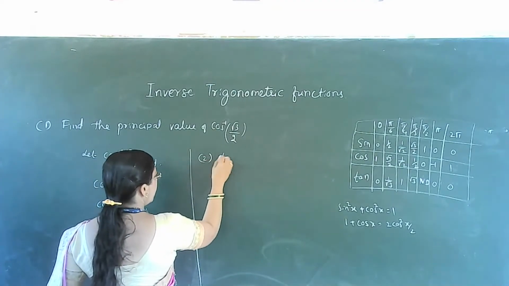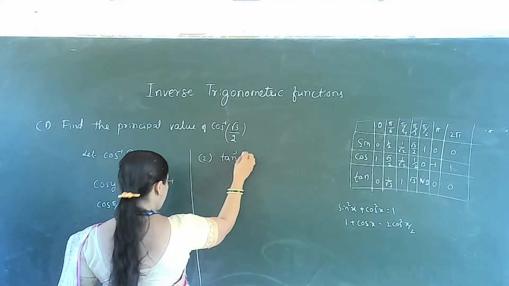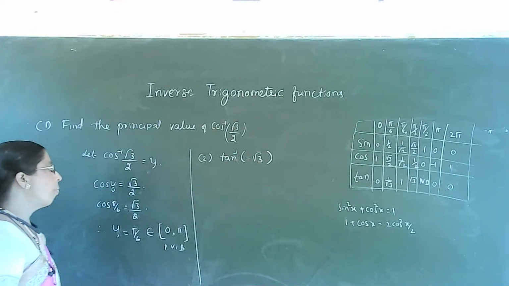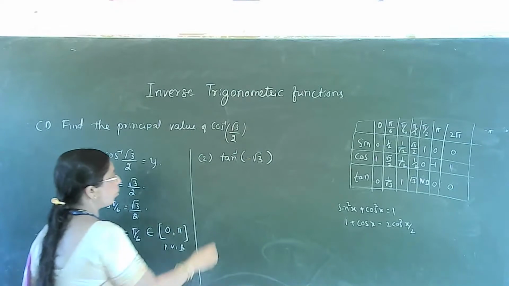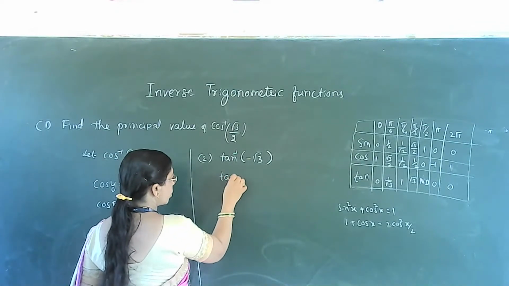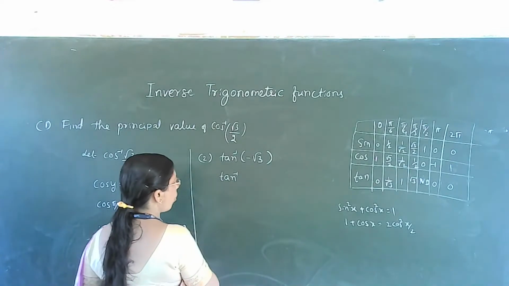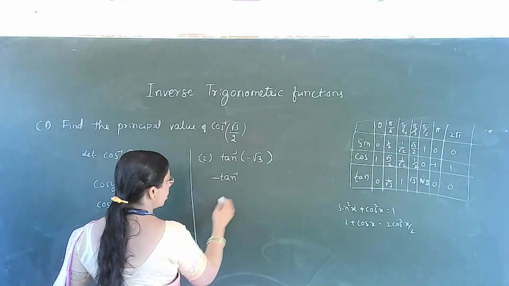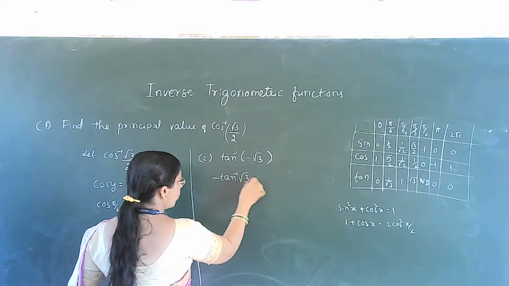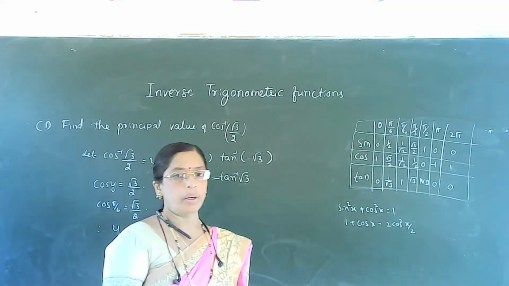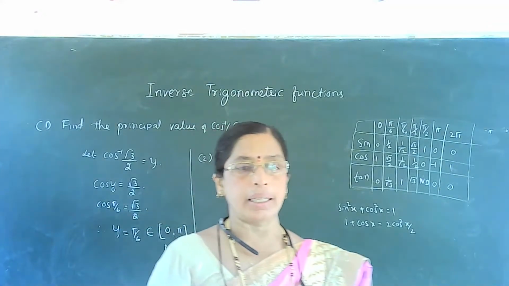Then second is tan inverse of minus root 3. Here also, you already know the properties of tan inverse of minus x.